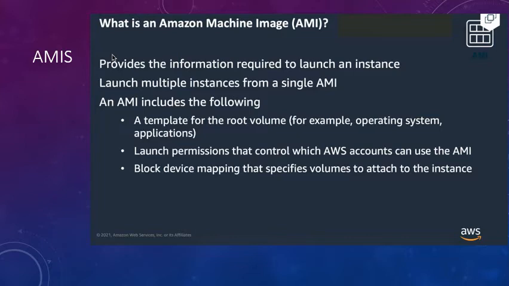An AMI includes a template for the root volume, so what operating system it has, which applications are on it, and so on. Also, the launch permissions that control which AWS accounts can use the AMI, and some block device mapping, which is basically like the hard disk. It specifies what the hard disk looks like.